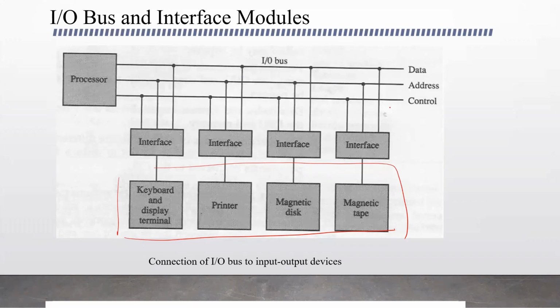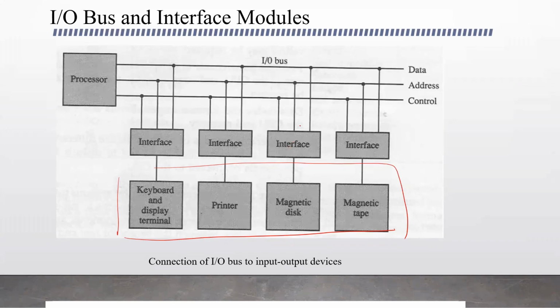How the operation is done: when the address is placed on the address line by the processor, the interface decodes the address. The address is the address of the peripheral with which the processor wants to communicate, to read data or to write data. So the particular address of the particular peripheral device will be available on the address line, and the interface unit decodes the address and checks if it is equal to its own address.